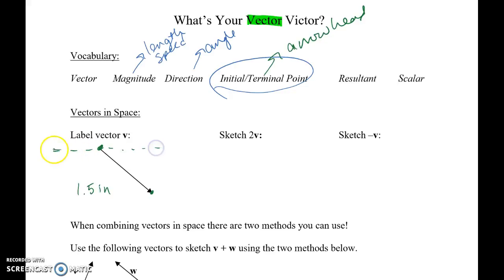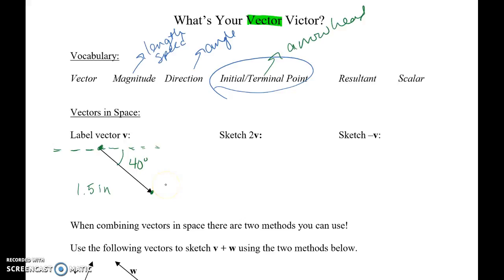So if you don't see a horizontal line, draw one in yourself, pick up your protractor, and this is what we would be looking for, how far off is that angle. Now to me it looks to be about 40 degrees. So I would probably call that a vector that's 1.5 inches in the direction of 40 degrees.